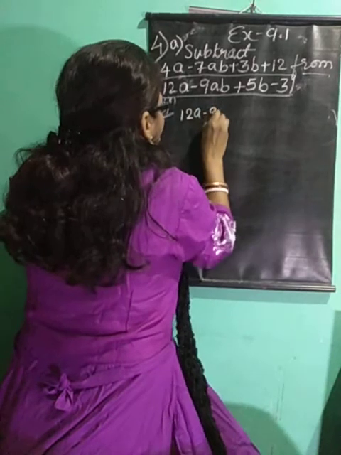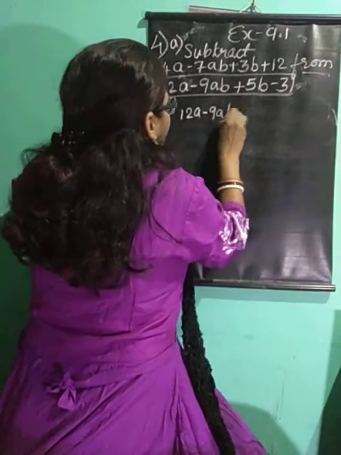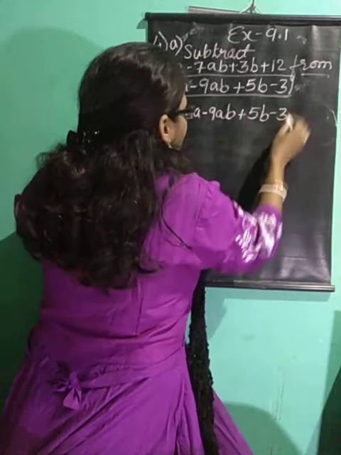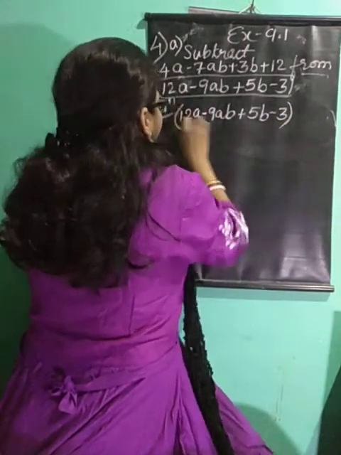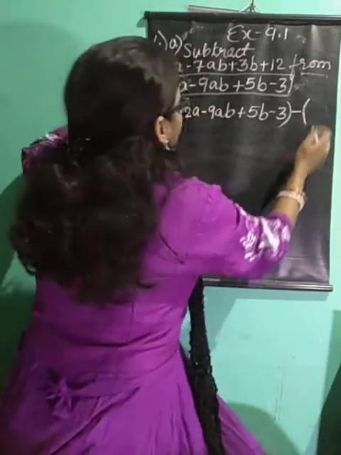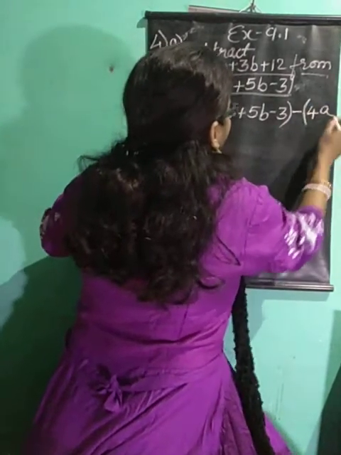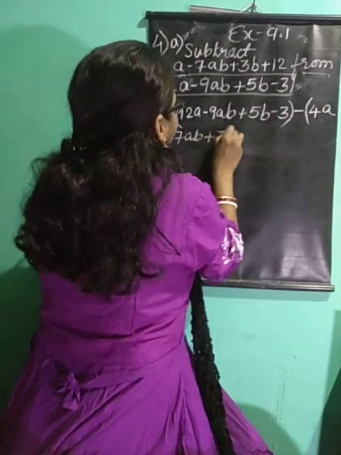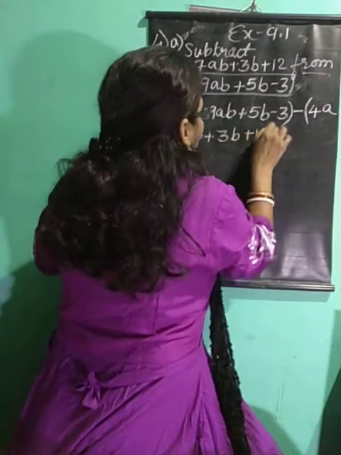12a minus 9ab plus 5b minus 3. Now put this in a bracket and then minus the other expression, 4a minus 7ab plus 3b plus 12.